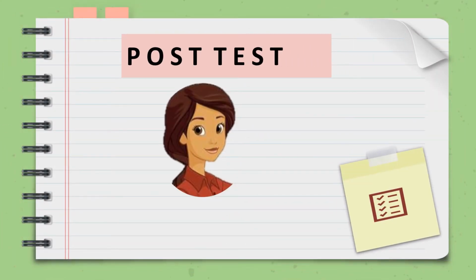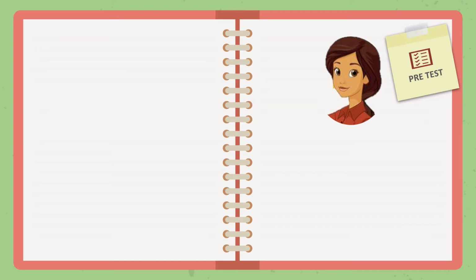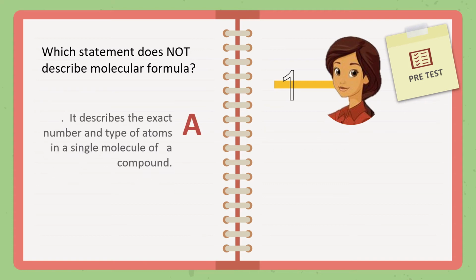Let's now have your post-test. Let us try to determine how well you were able to understand our discussion. Choose the letter of the best answer. Number 1. Which statement does not describe a molecular formula? A. It describes the exact number and types of atoms in a single molecule of compound.